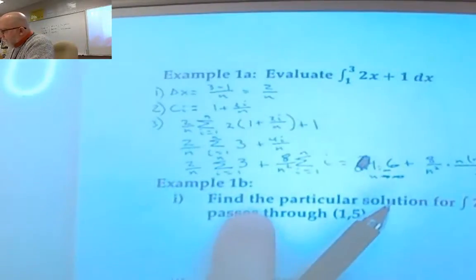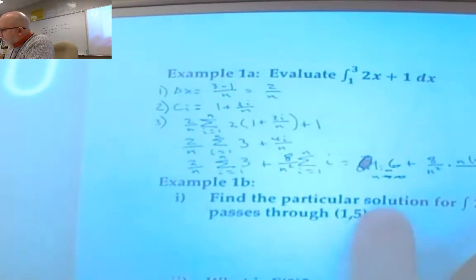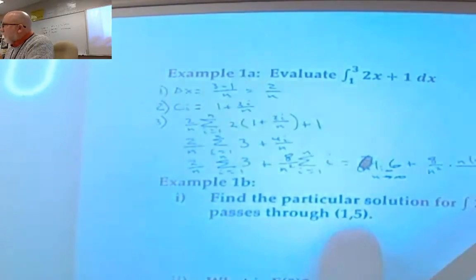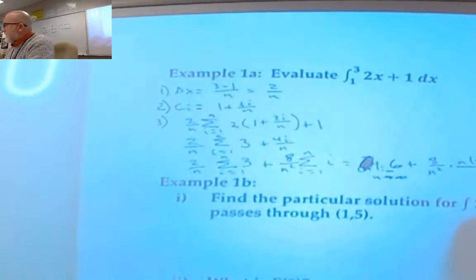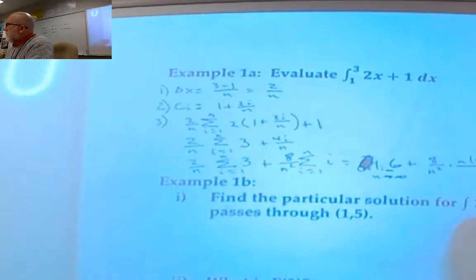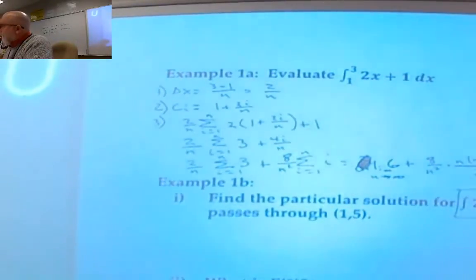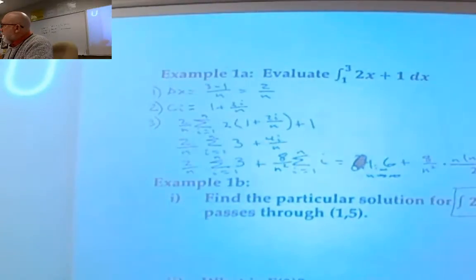Hannah, the directions are, find the particular solution for this that passes through (1, 5). What is this? This thing right here. Oops, sorry, I forgot about the dx. That whole thing right there. It's an indefinite integral. How do you solve an indefinite integral?